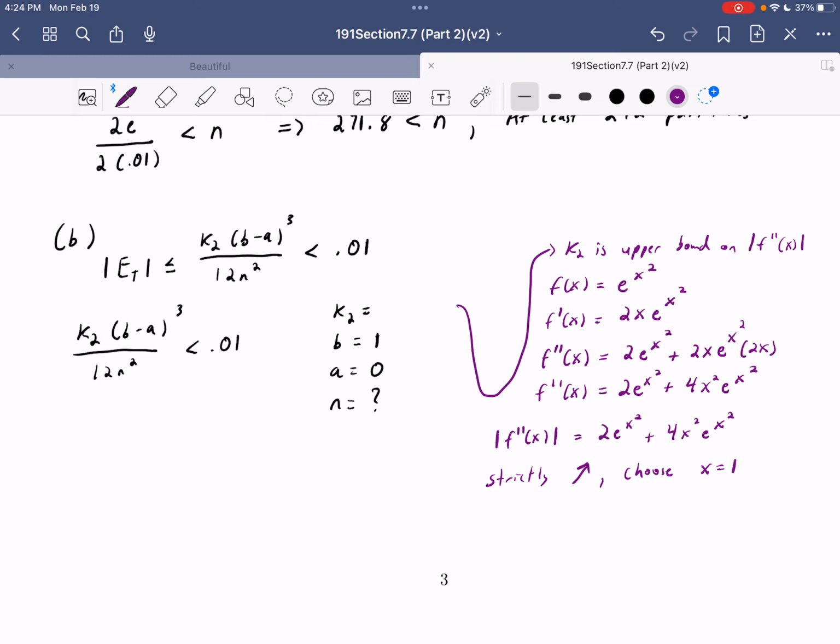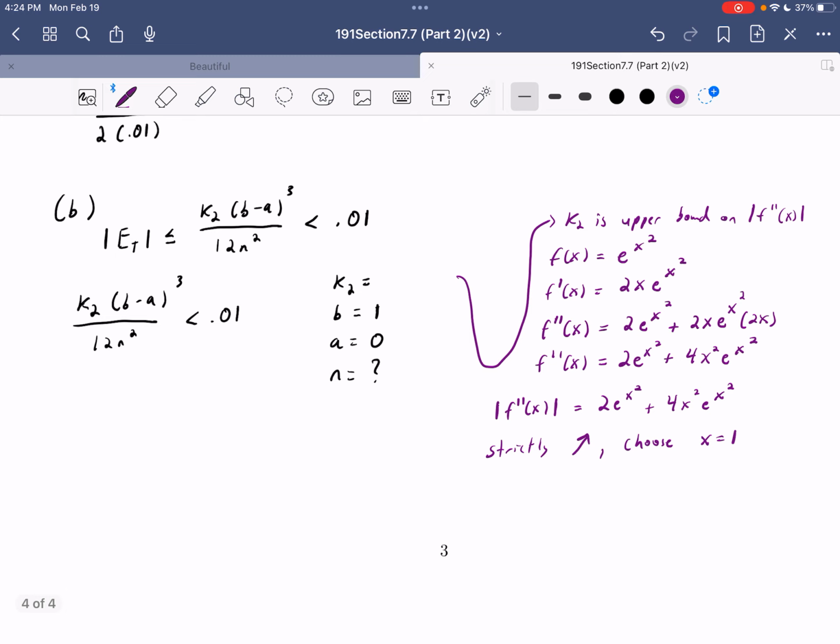Remember, if it was strictly decreasing, like it was in our first example, we'd choose the low end of the interval. But in this case, we choose x equals 1. So K2 is the absolute value of the second derivative evaluated at 1. If we plug that in, we get 2e plus 4e, which comes out as 6e. So our K2 value is 6e.